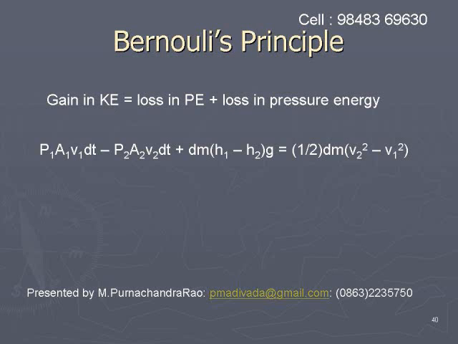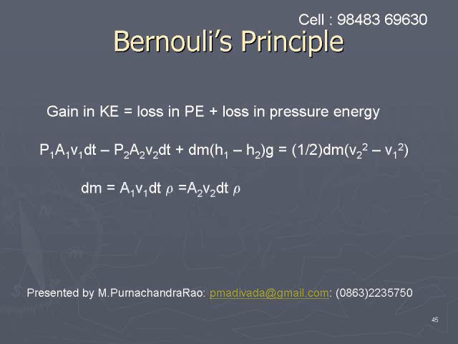Mathematically, P1 A1 V1 dt minus P2 A2 V2 dt plus dm (H1 minus H2) g is equal to half dm (V2 square minus V1 square). This is the mathematical relation we obtain from Bernoulli's principle.